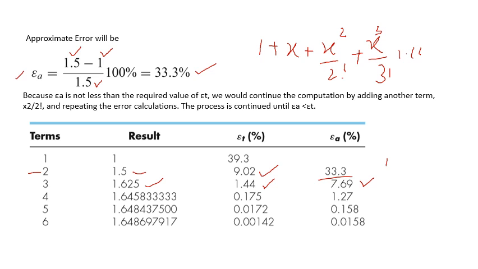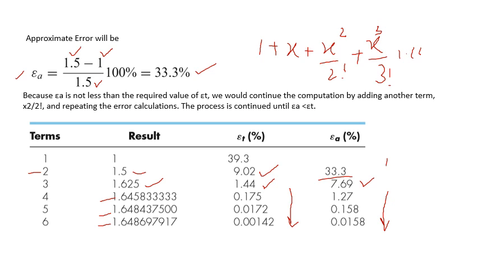If you add the third term of x cube upon 3 factorial, then this will be the answer. Then another term, this will be the answer. Here everywhere you find that this true error is going down, as well as the percentage approximate error is also coming down.